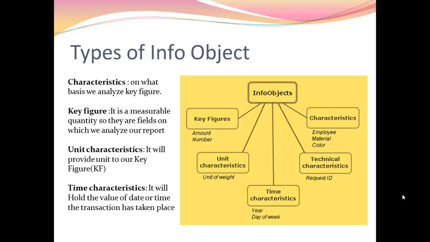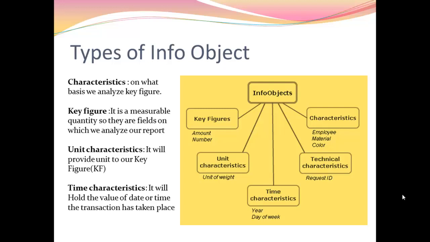So the best example of characteristic is, let's say, a customer number C001 has a salary of 1 lakh. So 1 lakh is what we are going to analyze, that is our key figure over here, and customer number or customer ID is our characteristic type info object.